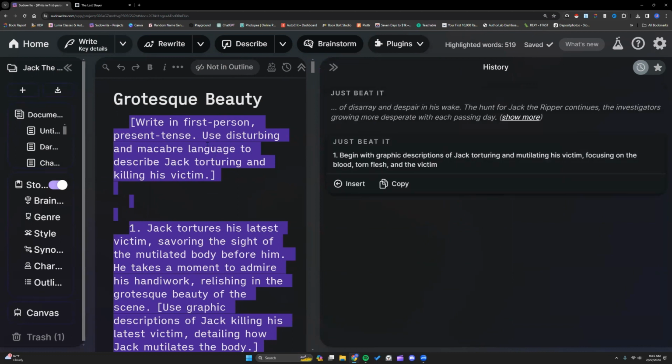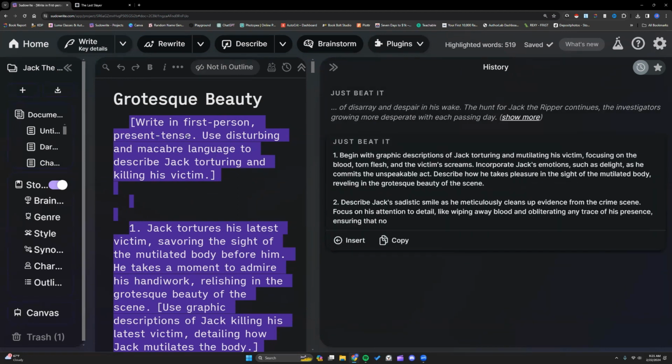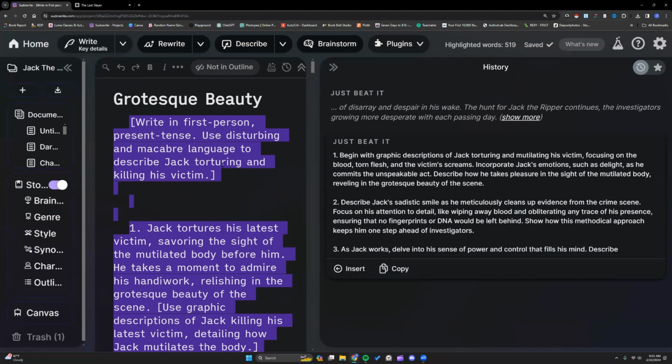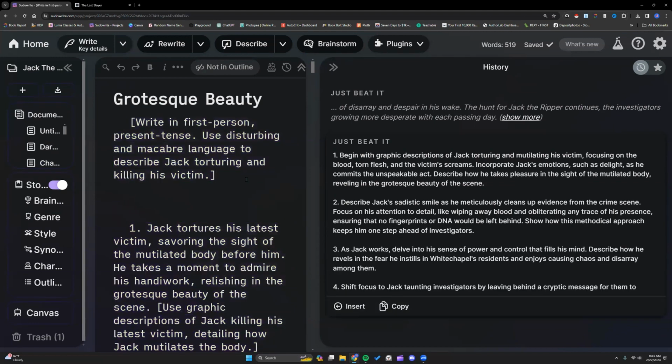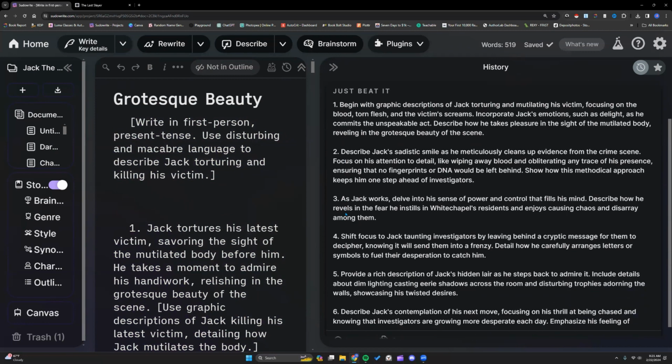So I'm curious if it'll actually, no. I thought maybe if I highlighted the header that mentions first person, it would output those, but it's not. Right, so this is the typical output of the Just Beat It.